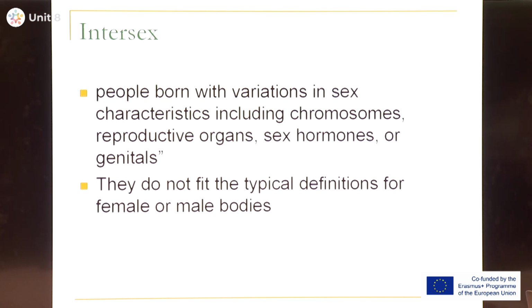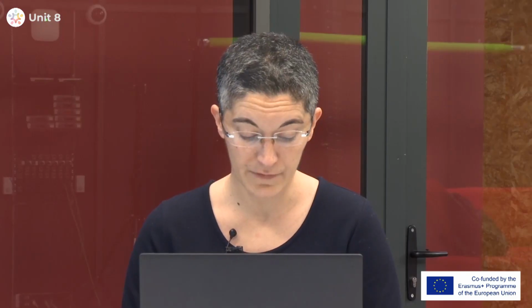For example, they may have the genitals and reproductive organs of a female body, but their hormones can be male. These kinds of varieties are very common in all societies, but in everyday life, you cannot know a person's sex characteristics by just looking at them. Even the doctors need to do some analysis to understand the intersex physical reality.